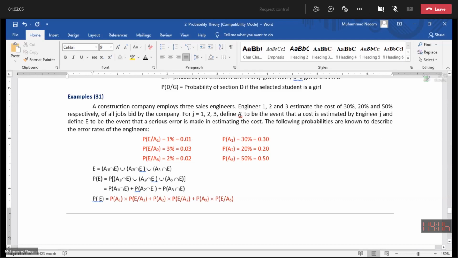It will be denoted by A2 if the cost is estimated by engineer 2. This event is A3 if the cost is estimated by engineer 3. Now we defined event E, that a serious error is made in estimating the cost.